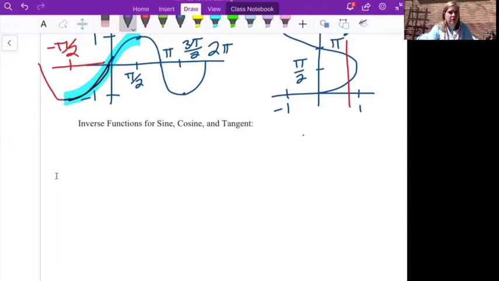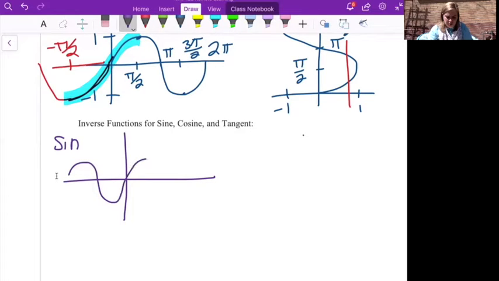So for our sine function, so again, this is our graph.